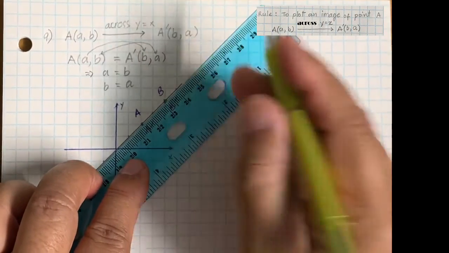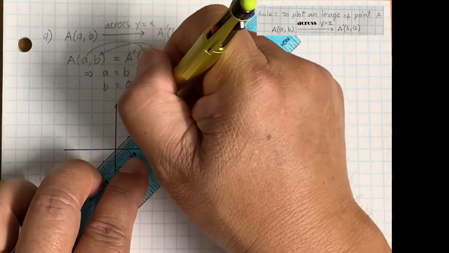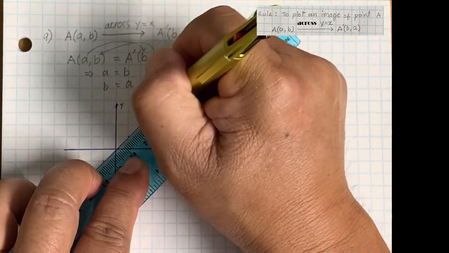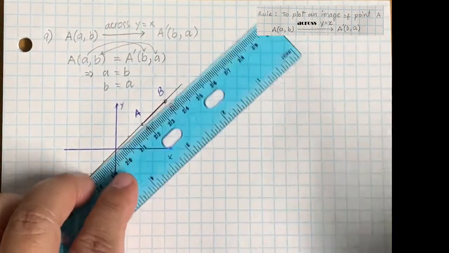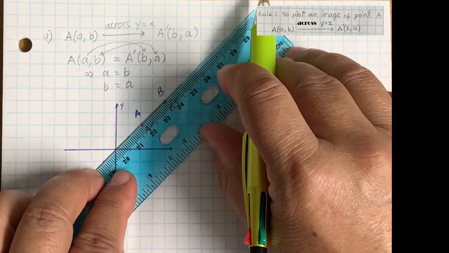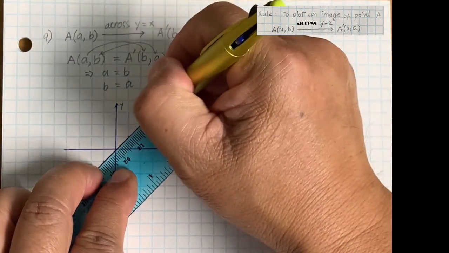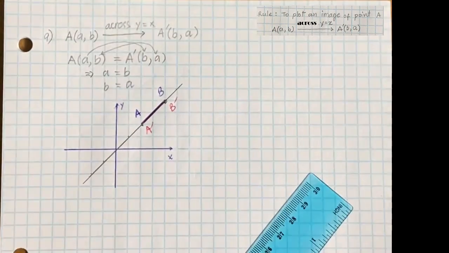So the image and the figure are going to be on the line y equal x. Okay, that's it.